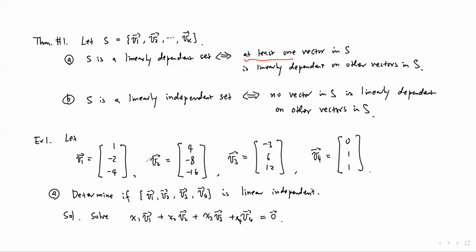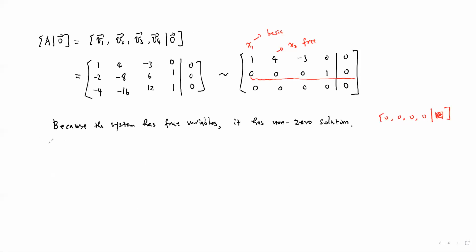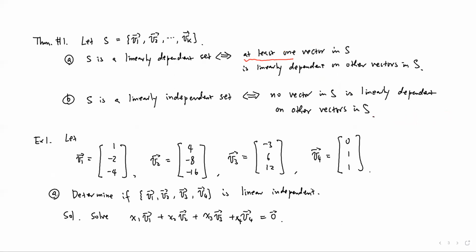By definition, the set is a dependent set, not independent. So the conclusion is this set is a linearly dependent set, not independent. This is the solution to part A.